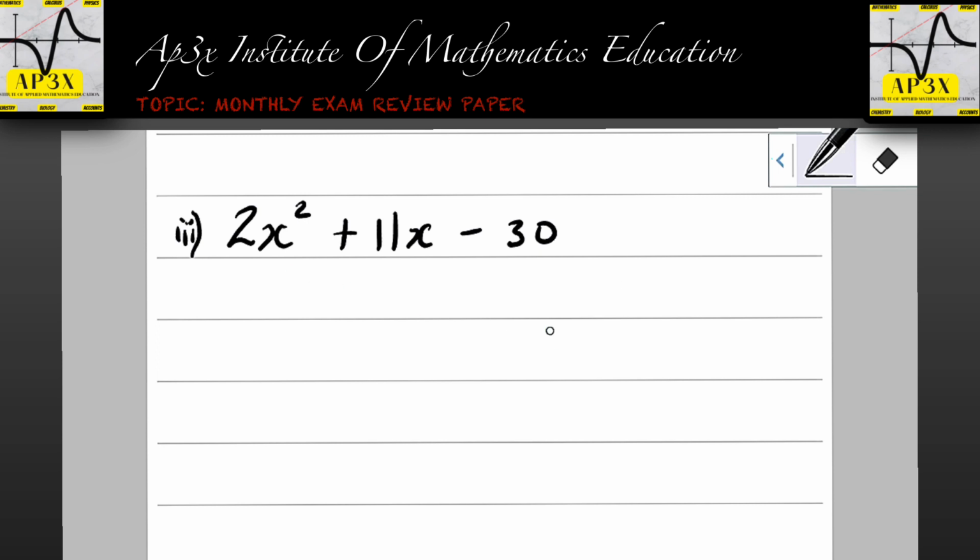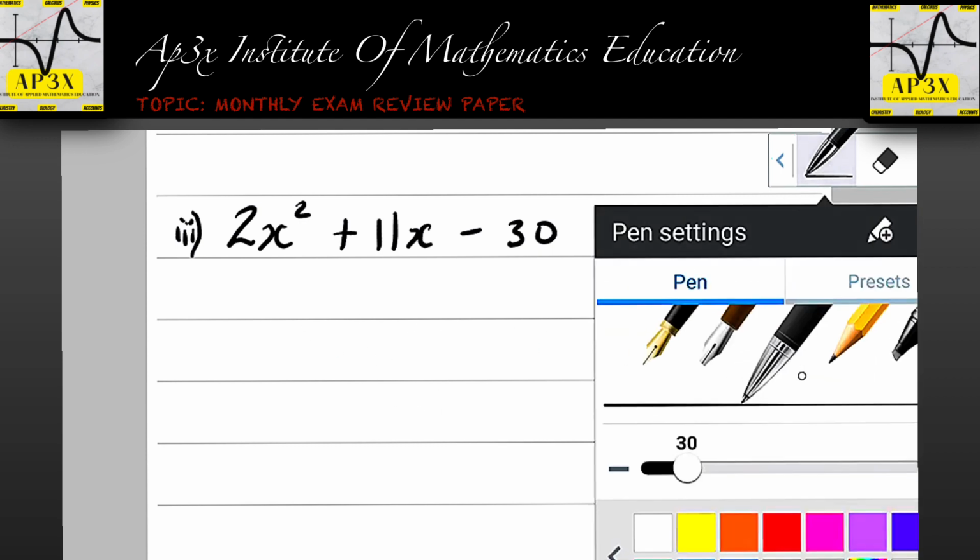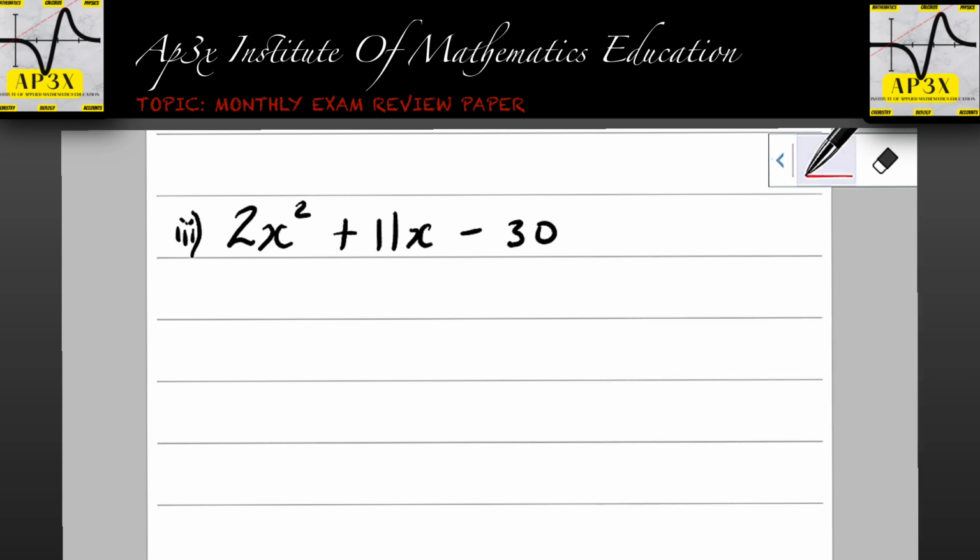And a quadratic expression here literally is identified by the mere fact that there is a squared term here, and of course there are always 3 terms that make up the expression. So this is a quadratic because it is written in the form ax squared plus or minus bx plus or minus c.